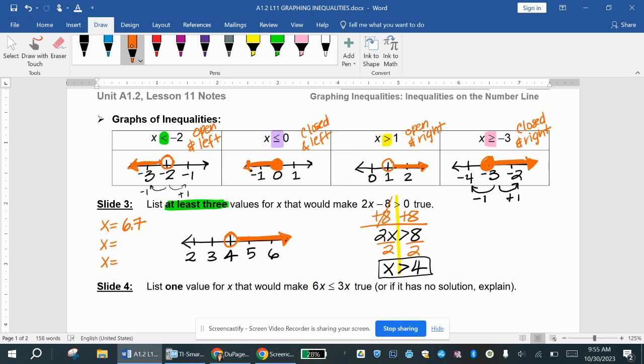You could have picked 100. 100's bigger than 4, right? You could have even picked a fraction, anything that would give you an answer bigger than 4. So you could pick decimals, you could pick fractions, you could have even just picked something as simple as 5.